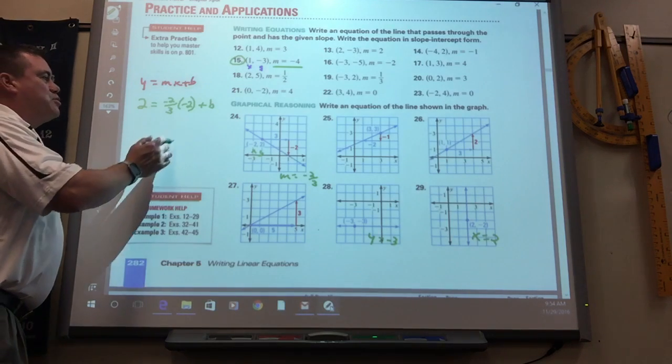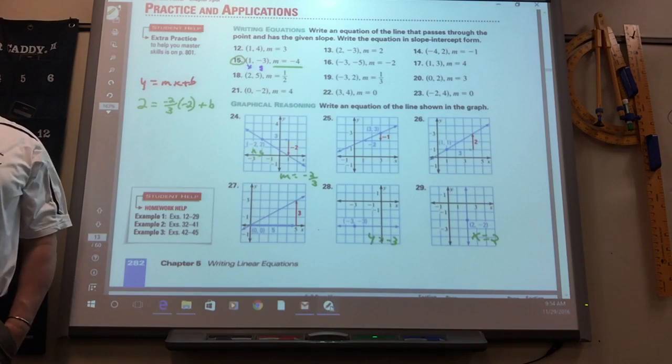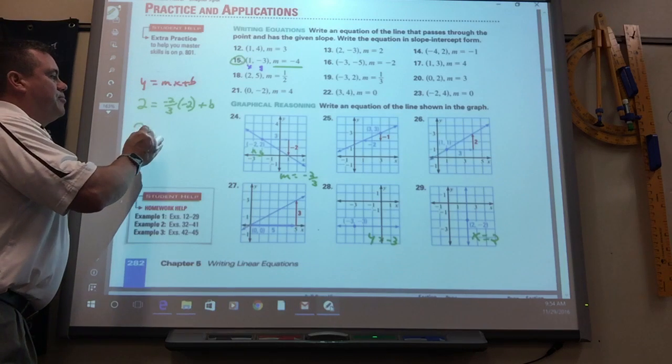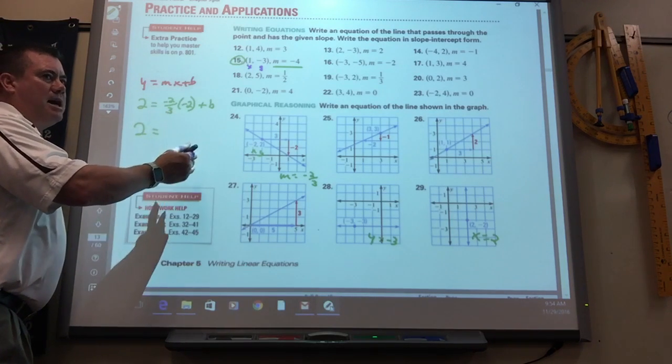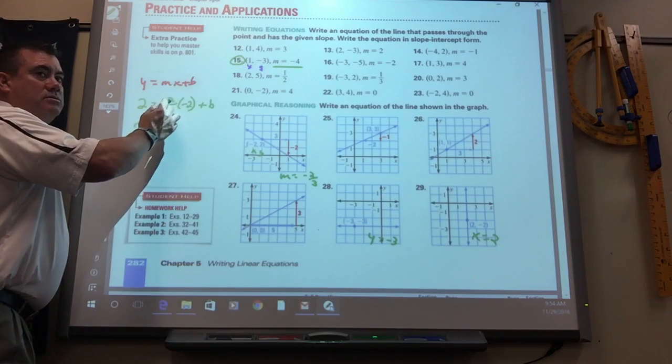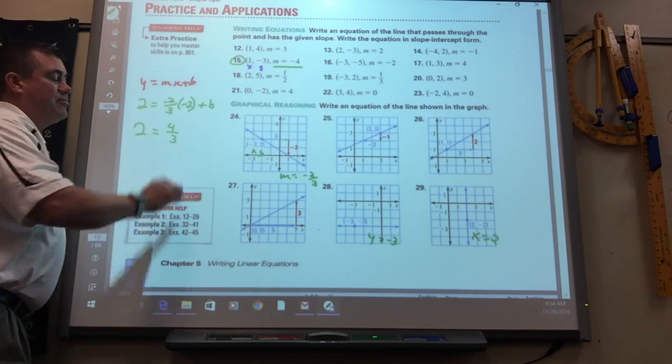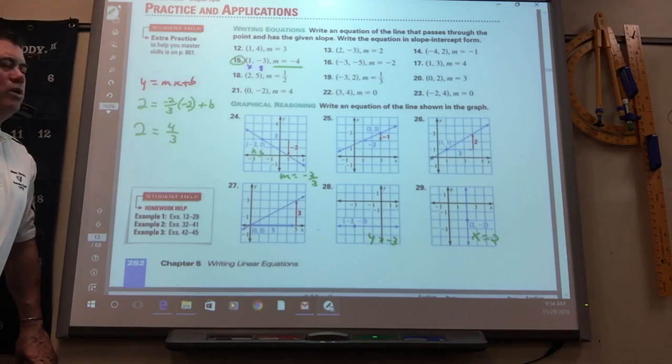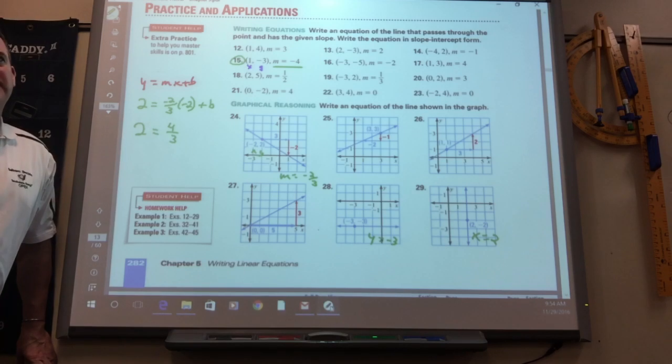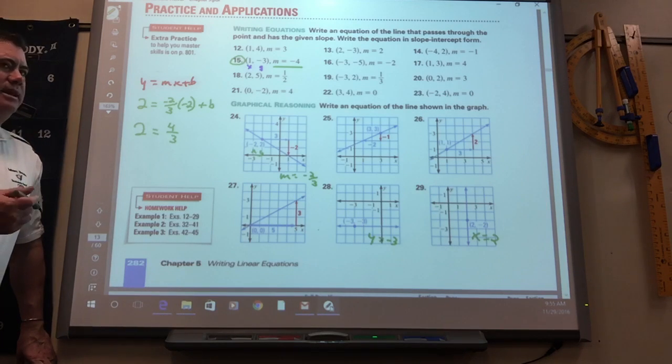So when we figure this one out, the thirds are tougher to do on a calculator. Negative times negative is positive 4/3, right? If you do it on the calculator, you're going to get 1.33333333. So thirds you're probably going to want to leave as a fraction.